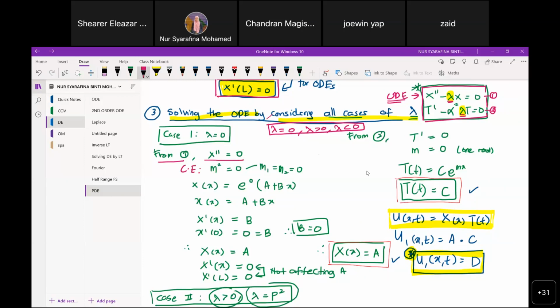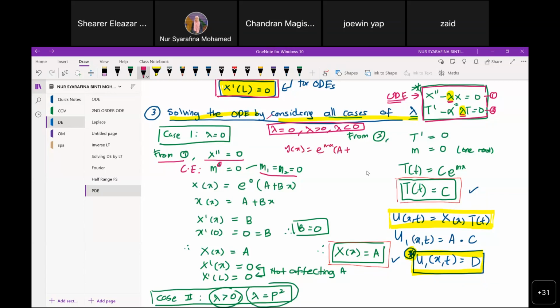So X'' becomes m squared equals 0, which gives m1, m2 equals 0. Why two? Because of the square. Then we have two roots, real and equal.